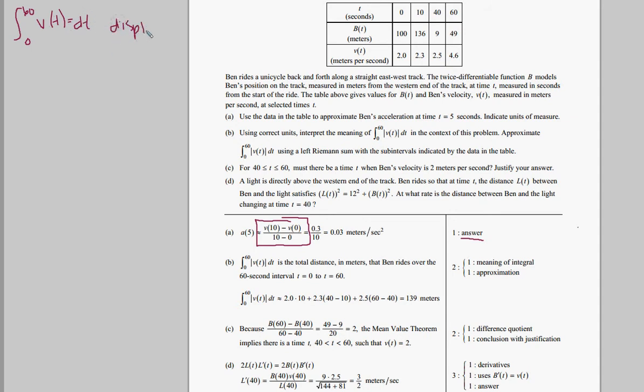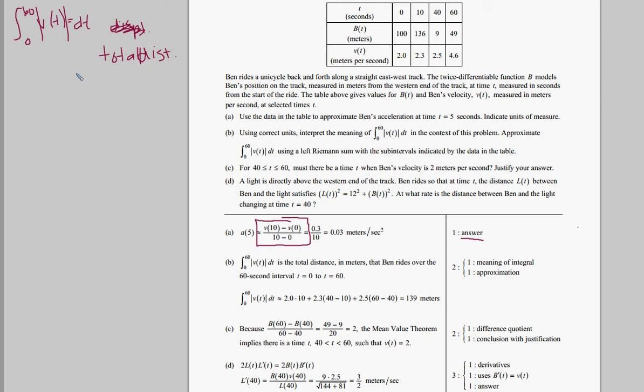Please understand that. That is just your displacement over the 60 seconds. As soon as you add absolute value symbols around it, it's not displacement anymore, it's total distance over the interval from 0 to 60.